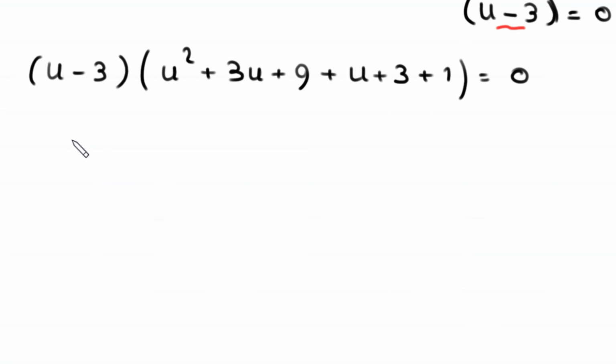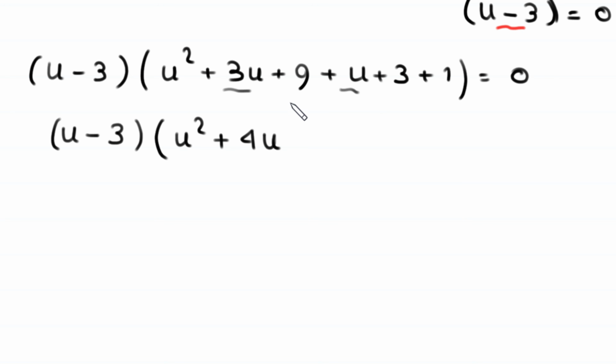Further simplify, this will become u minus 3 times u squared plus 4 times u plus 13 equal to 0.